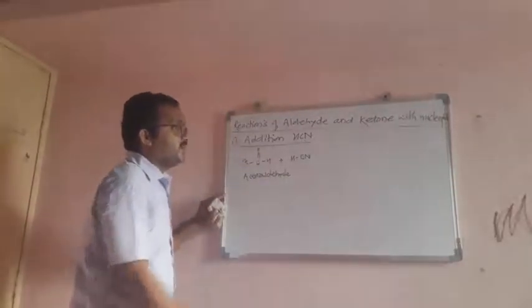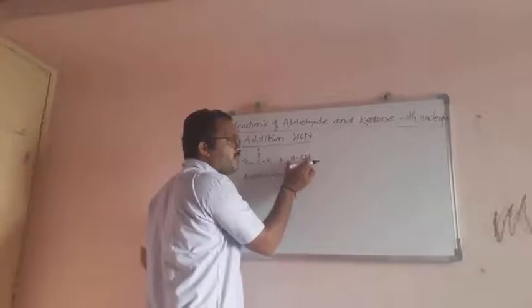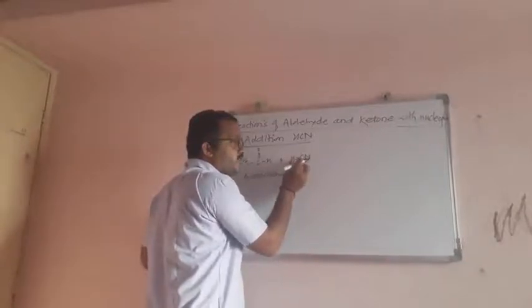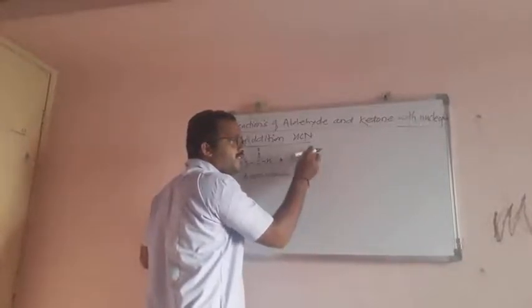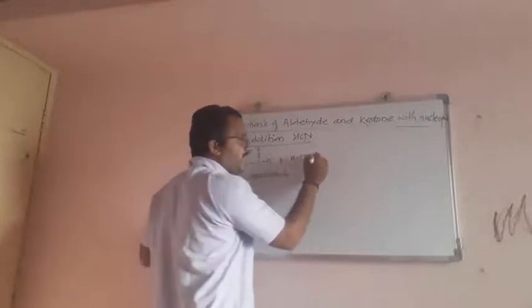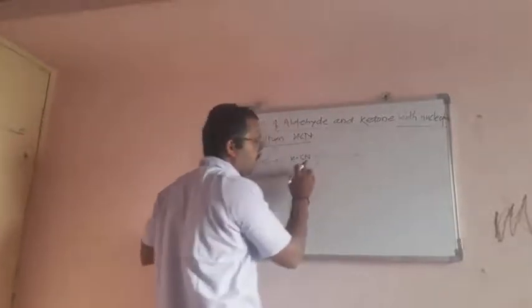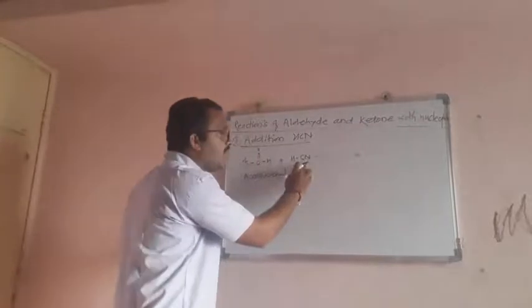In hydrogen cyanide, this is electropositive, this is electronegative, this CN minus is the nucleophile, and this undergoes a nucleophilic addition reaction.